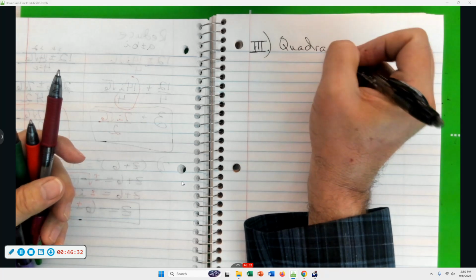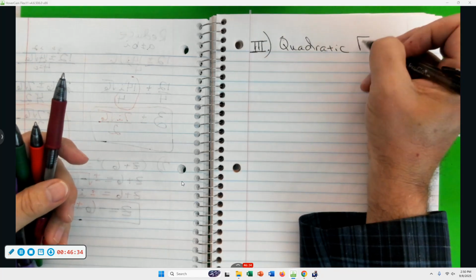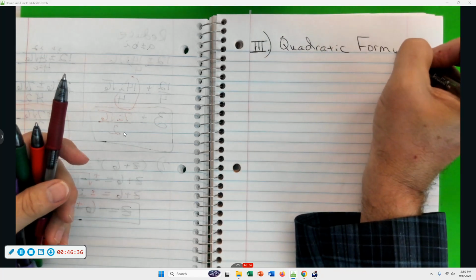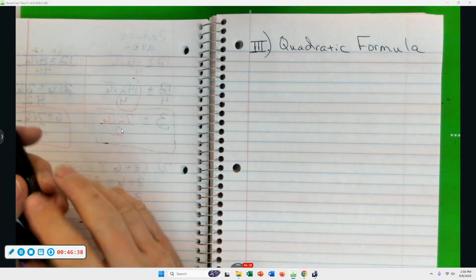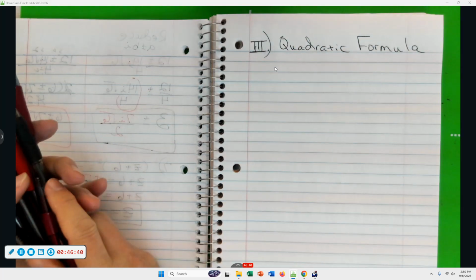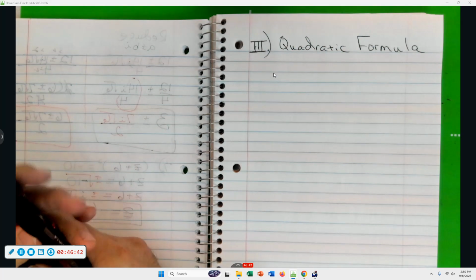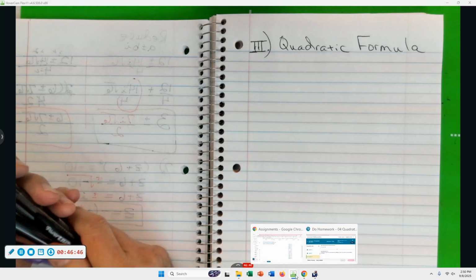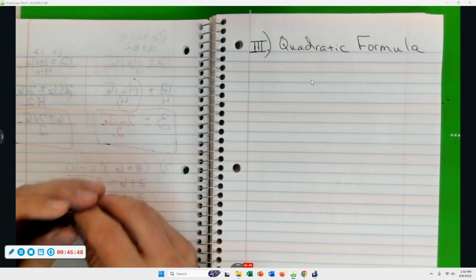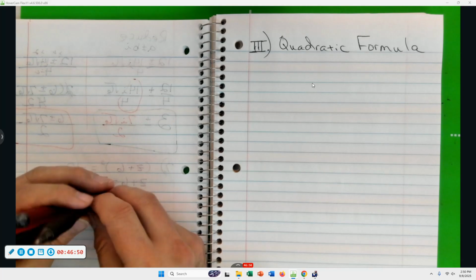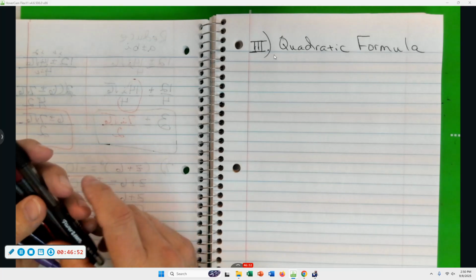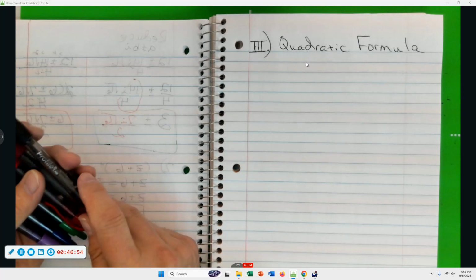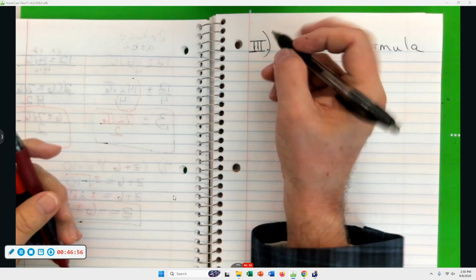If I can speak for a moment, we saw factoring, and we know that we can't factor every polynomial. Sometimes they'll be prime. Also, we've seen the square root method. That only works if it's something squared equals a number. So here we need a method that will always work, and that's what he's about to do.